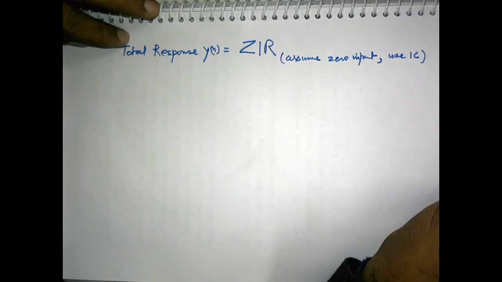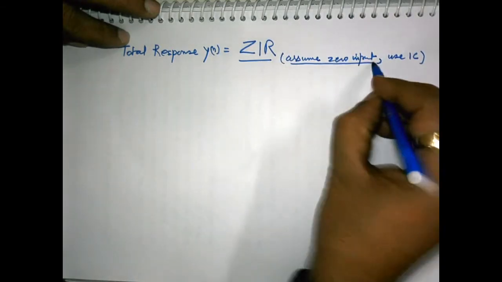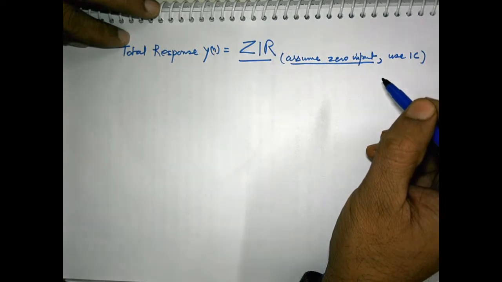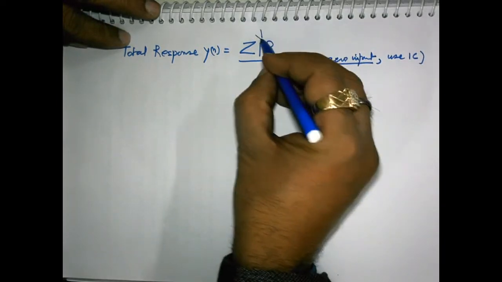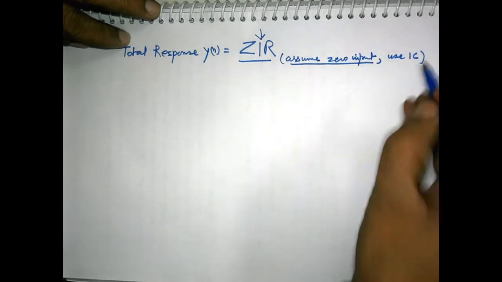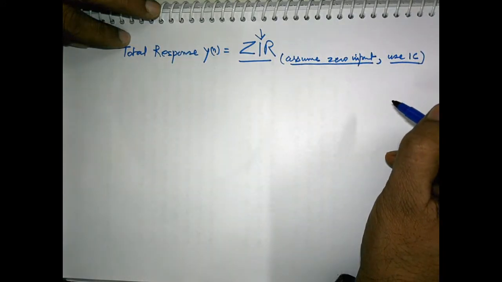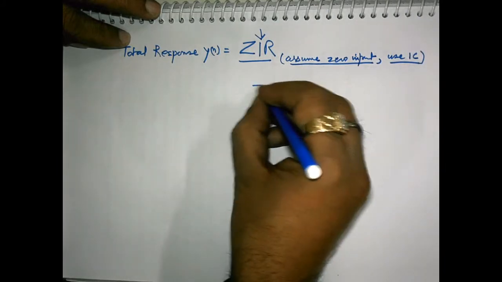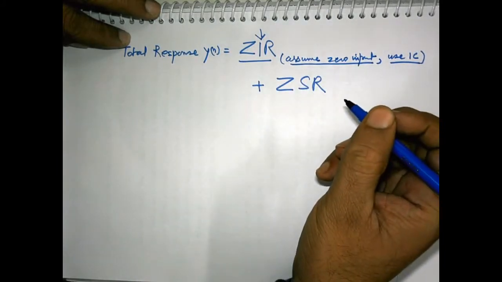Use the given initial conditions to evaluate the zero input response. We assume the input to be 0, and when we assume the input to be 0, what we obtain as output is called the natural response.